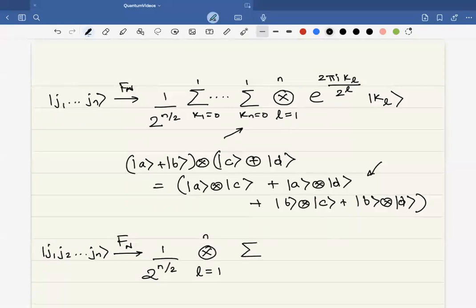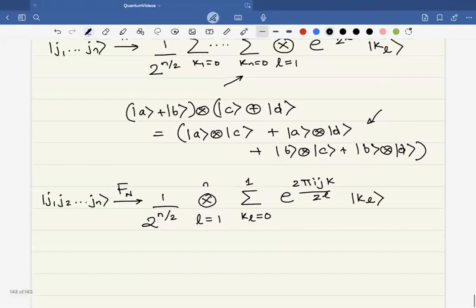So this is interchanging the summation and the tensor because of the distributive property of the tensor product, to sum over kL of e to the 2 pi i j kL over 2^L, times ket kL. Okay, so I did that and we are almost done.